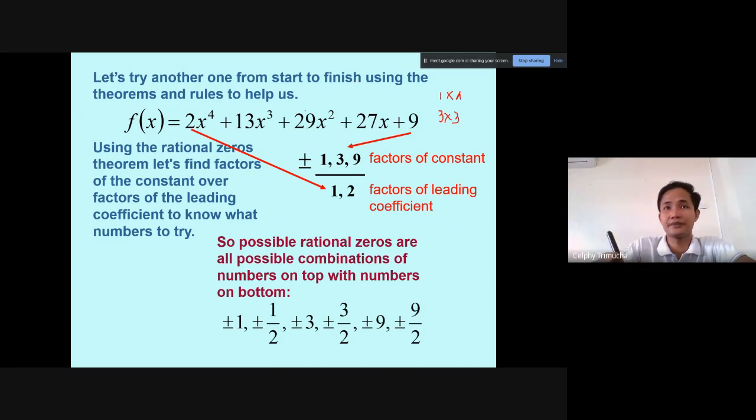So we have either positive negative 1, positive negative 1 half, positive negative 3, positive negative 3 halves, and positive negative 9 over 2.